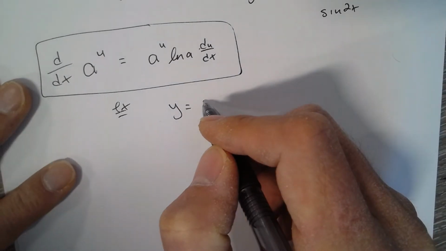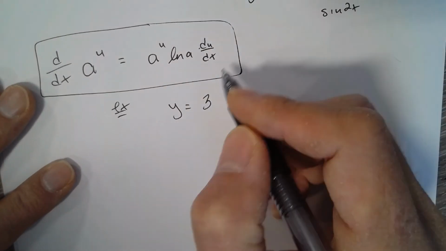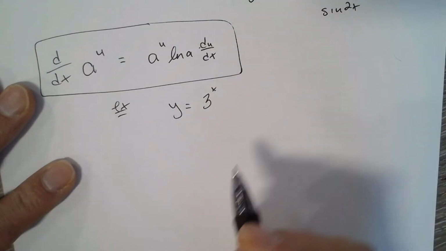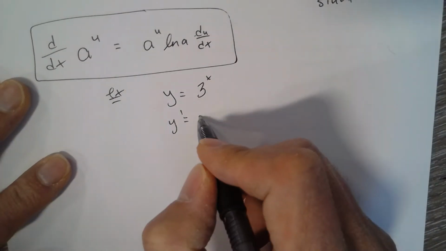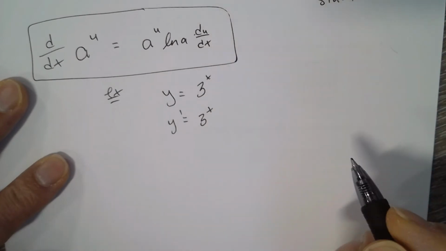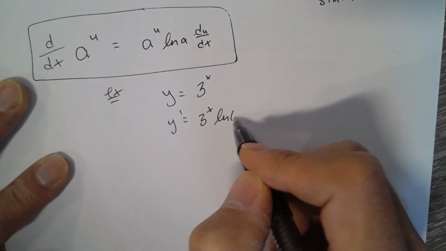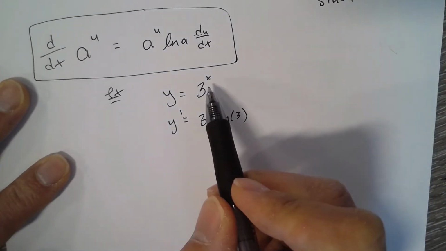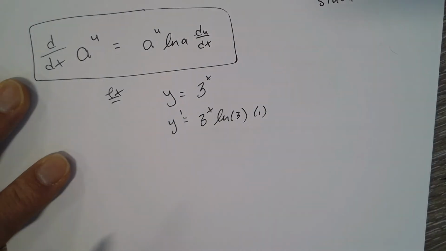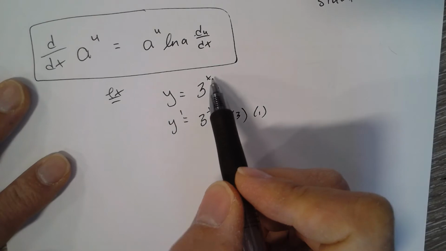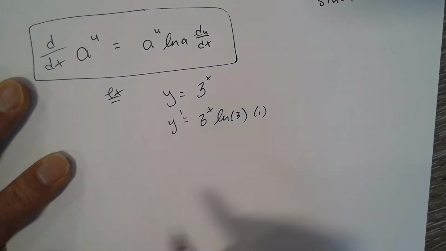An example: if I have y equals 3 to the x, then y prime would be itself times the natural log of its base times the derivative of the exponent, which is just 1. So if it's a number to an x, that's the formula to use.